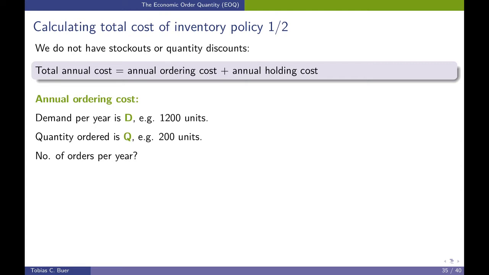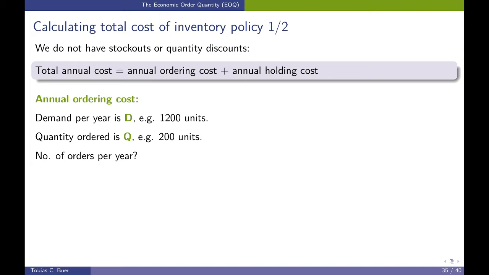Recall, we did not include back orders, stock outs or these things because we assumed we know the demand for sure. So therefore we only have the annual ordering cost and the annual holding cost. And both together they build our total annual cost.